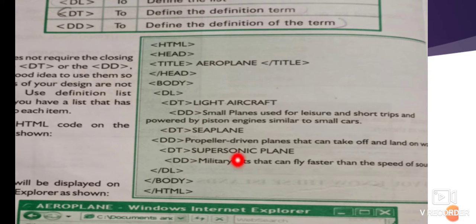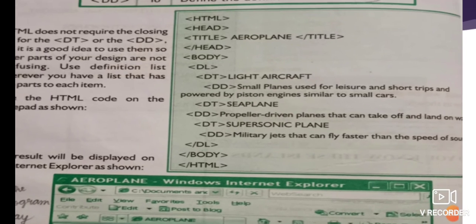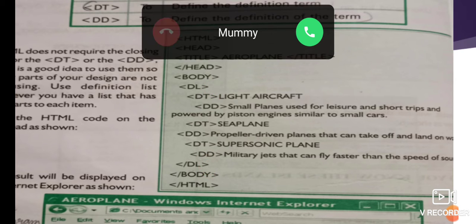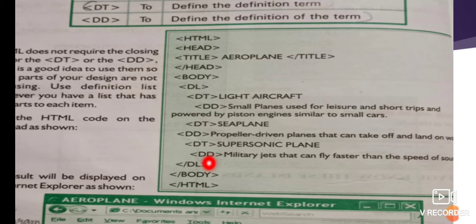Finally, we have to close all the tags. Whatever tags we have opened, we have to close. DL tag, we close it with slash DL, and then slash body, and then slash HTML. So in this way you have to write your program.